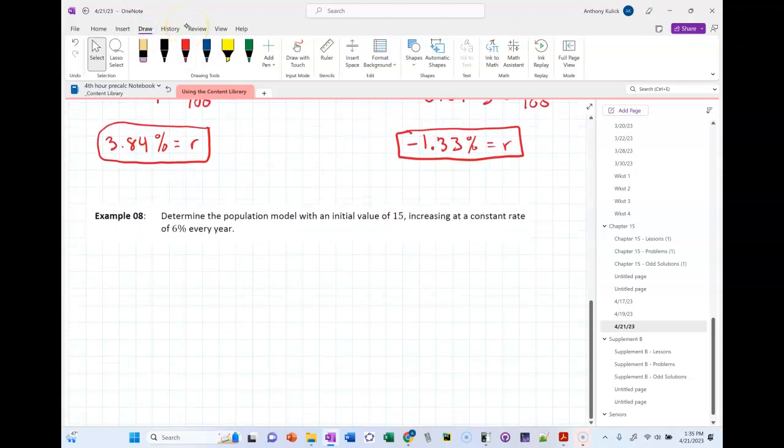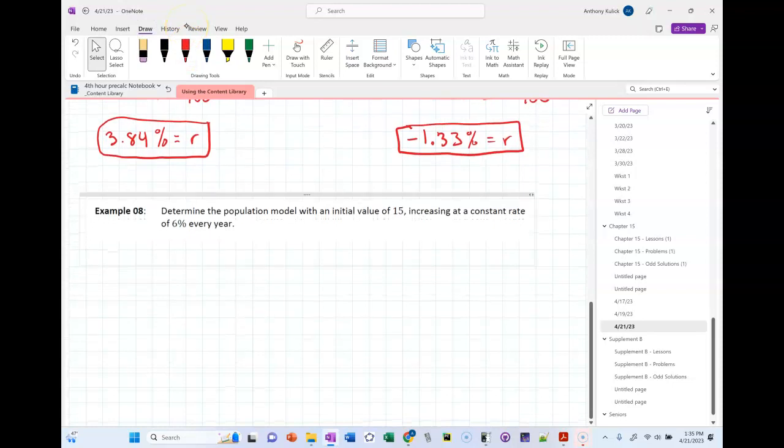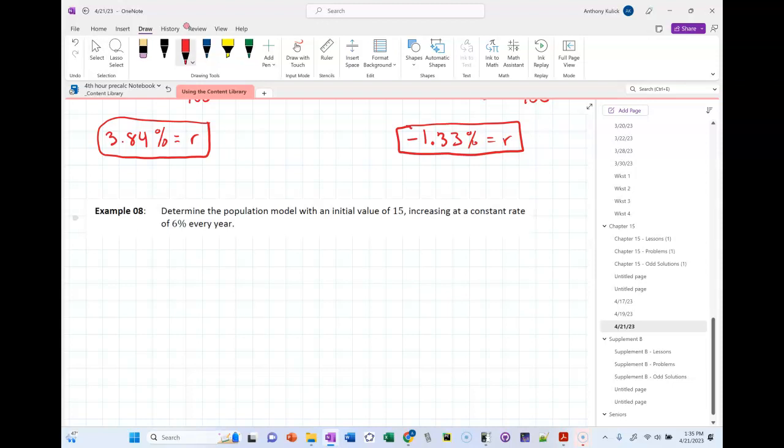So here, this one says, determine the population model with an initial value of 15, increasing at a constant rate of 6% every year. So population model tells me that I should be using my equation P of t equals P naught times 1 plus R over 100 to the t.